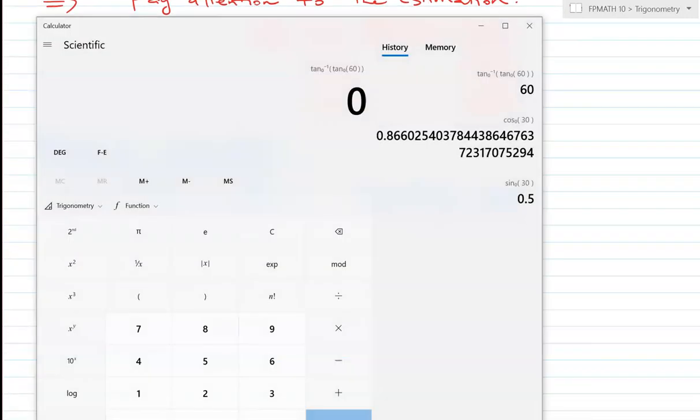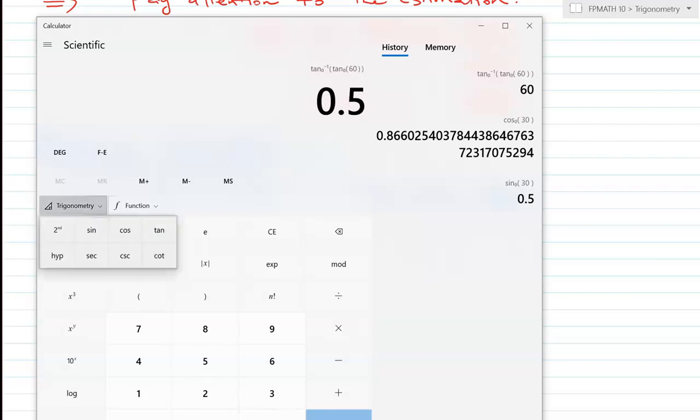But in here, the reverse operation of what we did first, it's the same pattern. So first you have to open up a scientific calculator, make sure the degree mode is on. And in this case, I need to punch in 0.5 first. But now, when I go to the trig ratios, I need to not get sine and cosine and tangent, but I'm going to press second function, and I get this sine inverse.